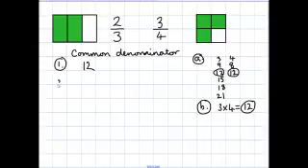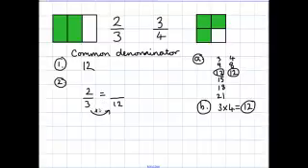Now our next step is then to change both of these fractions so they have a denominator of 12, and that's going to help us compare it. So let's start with 2/3, and I'm going to use the same layout I used before. I want the new denominator for this fraction to be 12. How have I gone from 3 to 12?